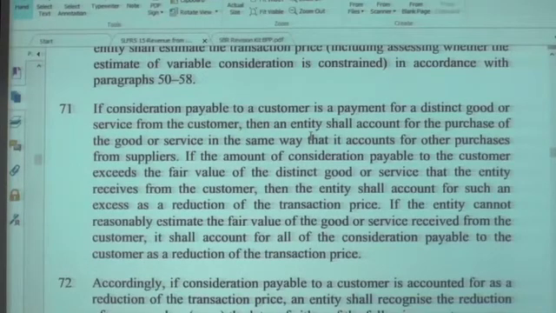Assume the consideration you pay me and the item I transfer to you have different values. The goods you received have a separate fair value, and the consideration is a separate value. Assume you have paid more than the goods are worth. Then you have paid an excess, and that excess will be deducted from the price.